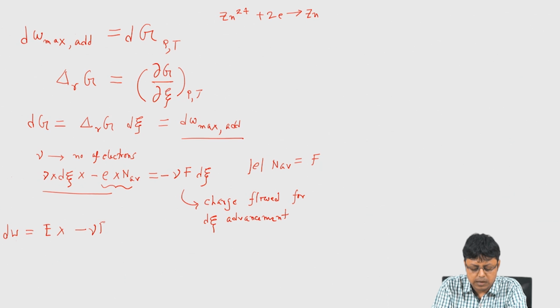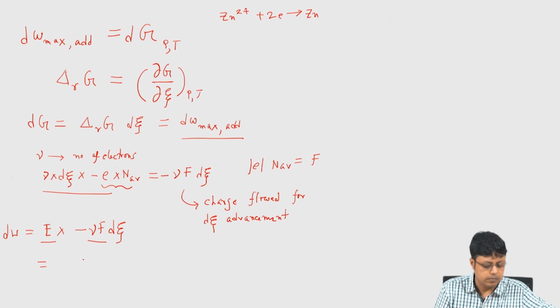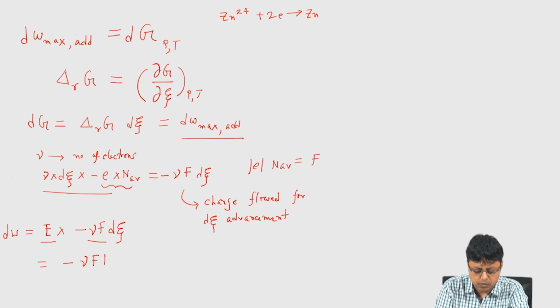So, the work done will be the potential drop multiplied by the amount of charge which has flown. So, this is nothing but minus nu F E d xi.